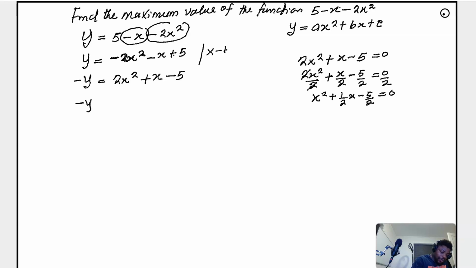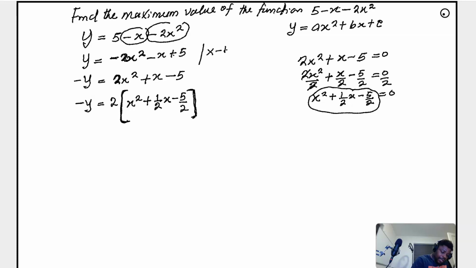So, as I've told you before, you have 2 here, right? You write 2, then you open a square bracket. Then you write everything that you have here in the square bracket. So x squared plus 1 over 2x minus 5 over 2.